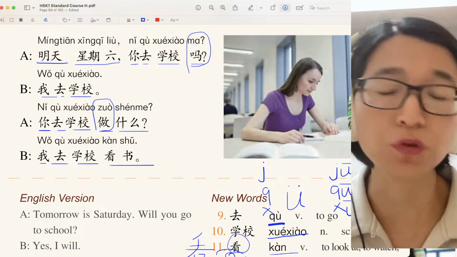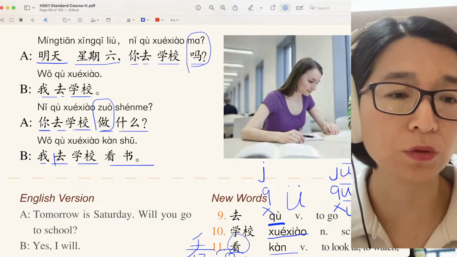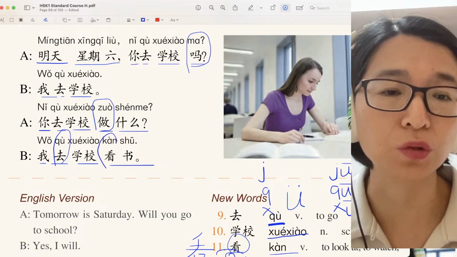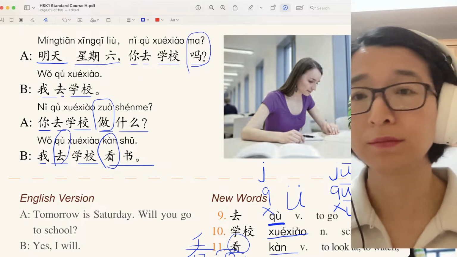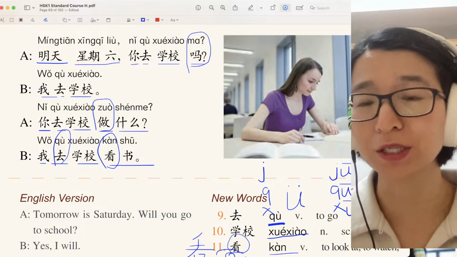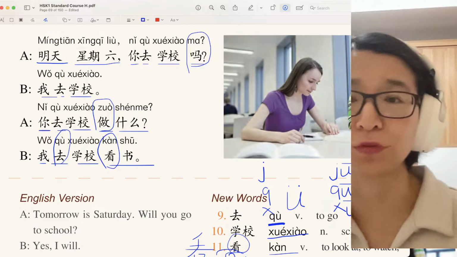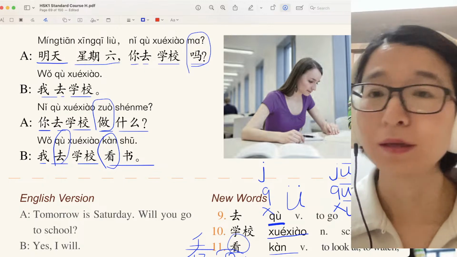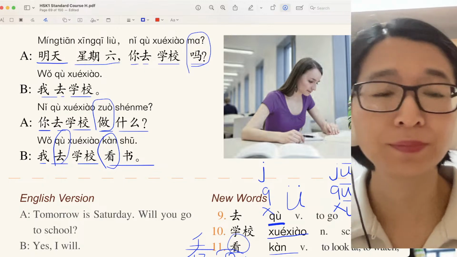And here you can see two verbs together in the answer: 我去, meaning go, and also 看书. They keep the same form for the future, the past, and the present. So simple, right? Learning Chinese. Any questions about this part?